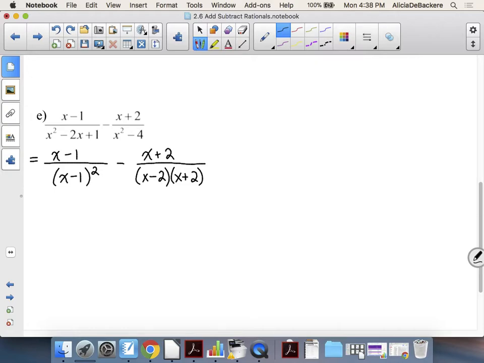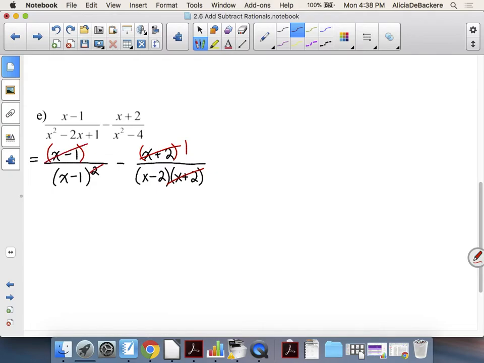Now, before I get started here, I am going to start canceling within the fractions. Don't forget that you can simplify within a fraction. And I see here that I've got an x plus 2 on top of another x plus 2. That simplifies to 1 over x minus 2. And same within the other fraction here. I've got x minus 1 over 2 x minus 1s, or x minus 1 times x minus 1.